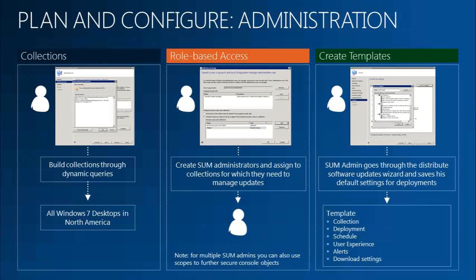And then the last piece is to create templates. Templates are a way that you can then service the admins that you've defined through the role-based access and collection targeting model with your recommended settings for their scenario. So the top-level software update administrator can create templates that are optimized for servers, say honoring maintenance windows, things like that, or you may have a separate standard for desktops.